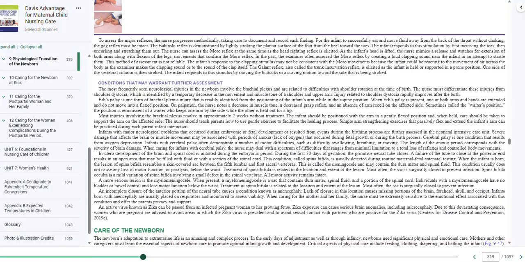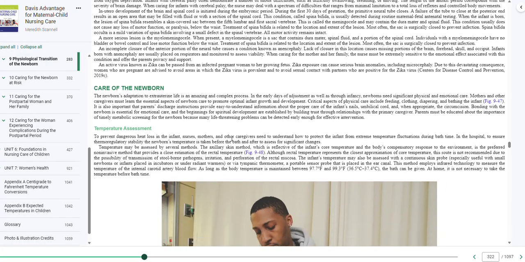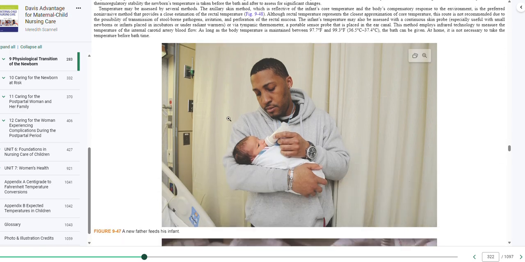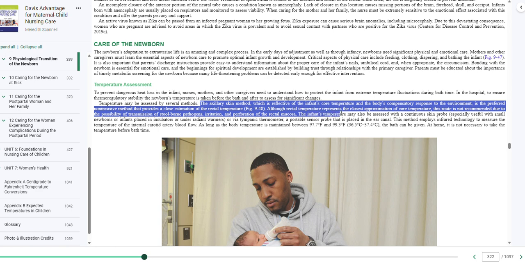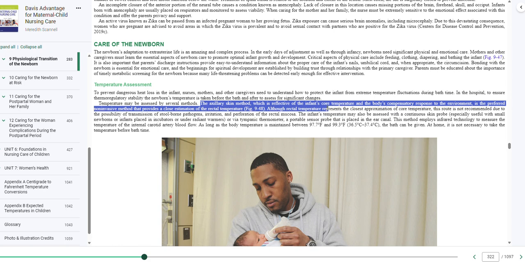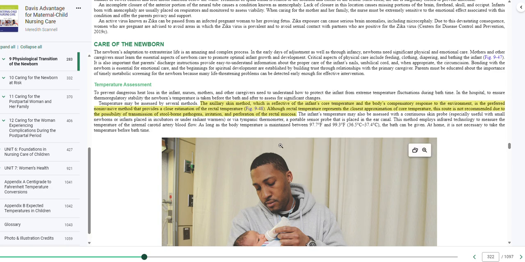On page 323, care of the newborn, let's look under temperature assessment. This is a wink and a lollipop, okay? So, of course, it says the axillary skin method is reflective of the infant's core temperature, okay?